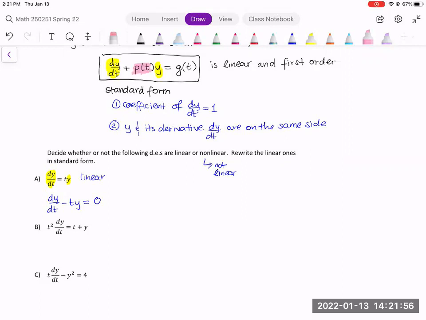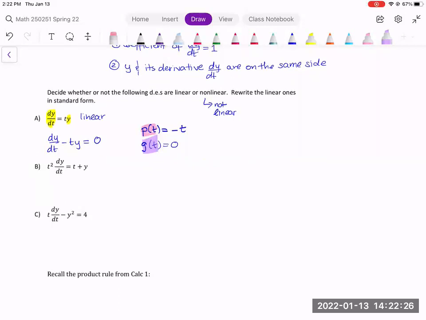Here we see p of t, the coefficient of the y function, is going to be equal to negative t. And we see that g of t, the right-hand side, is equal to 0. And this guy is called homogeneous. If our right-hand side is 0, we'll give it this name, homogeneous.